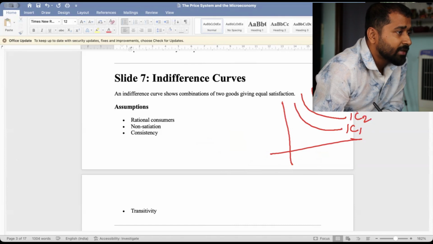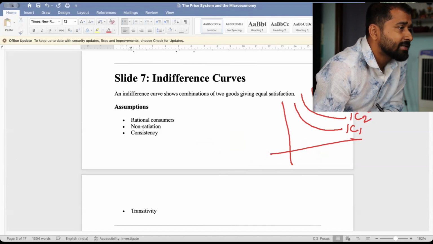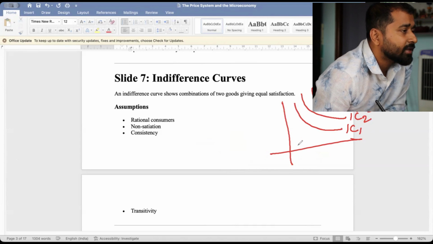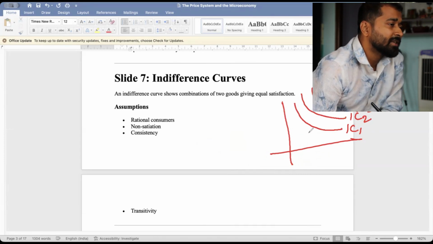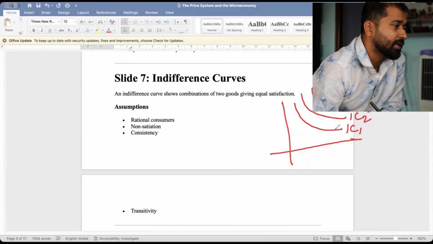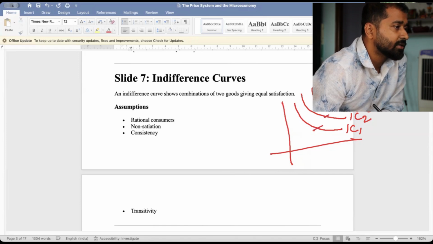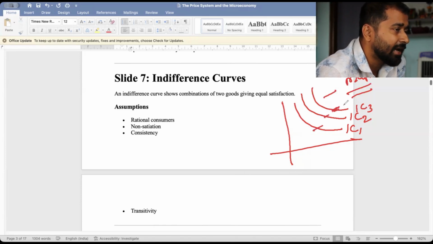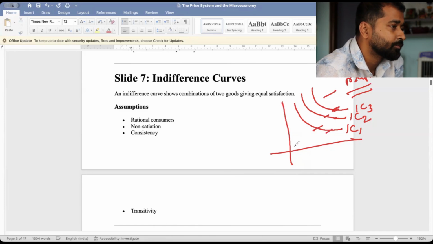More than one IC shown together is the IC map. Why am I showing the IC map here? It is based on more satisfaction. For example, IC1, IC2, IC3: IC3 has a maximum satisfaction compared to IC2, IC1, and so on.